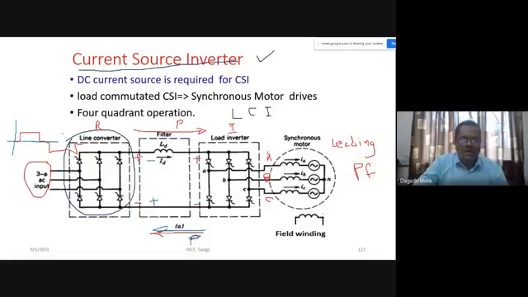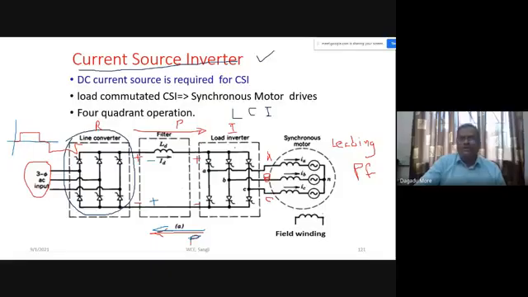So what is the drawback of this drive from the power supply point of view? It injects harmonics of order 6m plus minus 1, that we know. The harmonic spectrum is 6m plus minus 1. And what is the THD of source current? Around 31%. Okay. And now our interest is this particular drive.